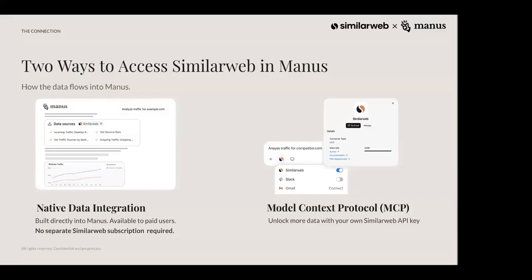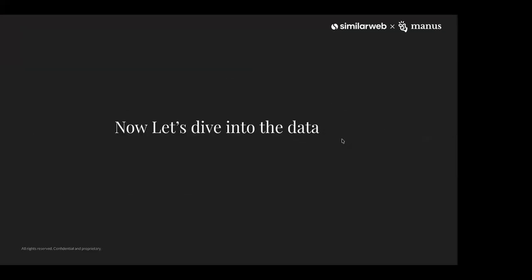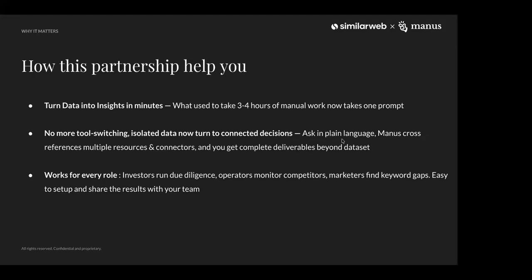Let's talk about how this partnership is going to help you. We all know that AI is pretty good at analysis, but as the old saying goes, garbage in, garbage out.